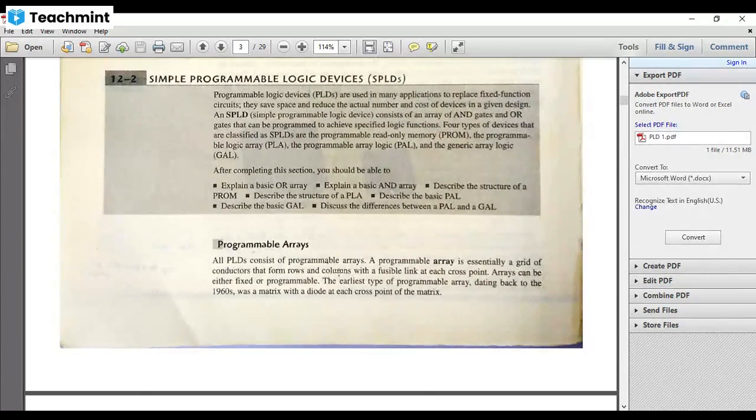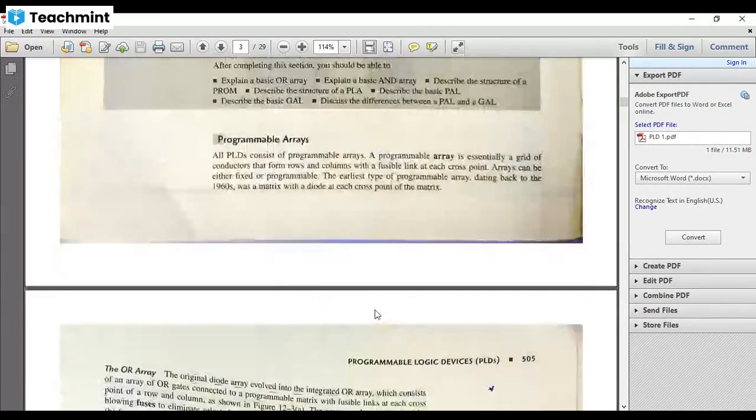This programmable array is a grid of conductors, placed in a fashion of rows and columns, with fusible links across the rows and columns.